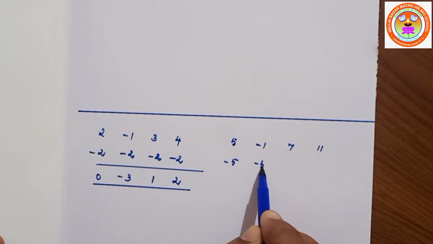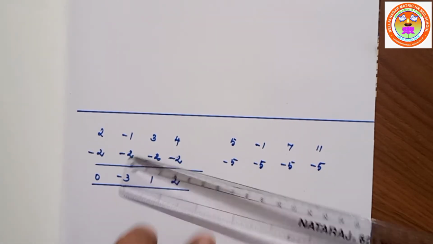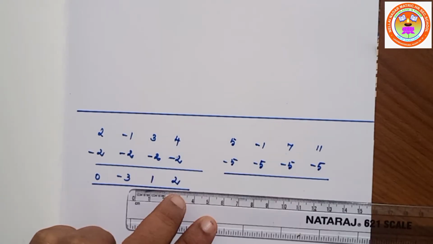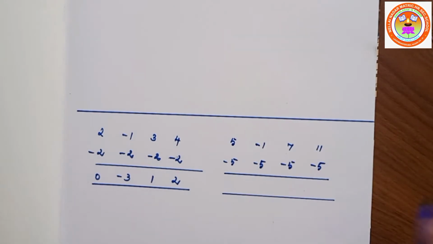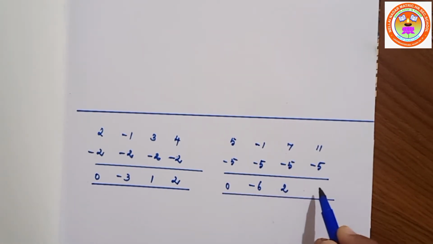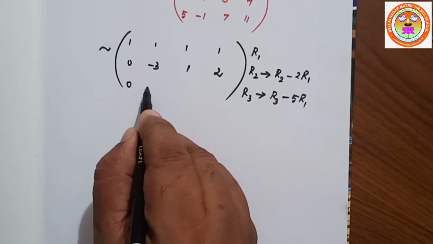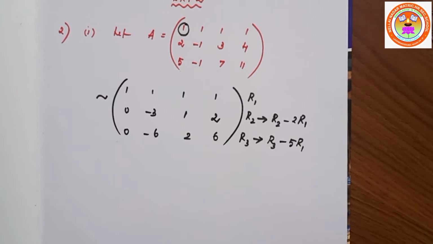Then 5 minus 5, 0; minus 1 minus 5, minus 6; 7 minus 5, 2; 11 minus 5, 6. So 0, minus 6, 2, 6, correct?